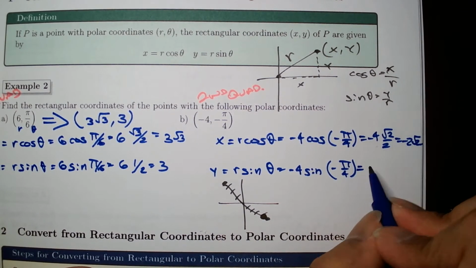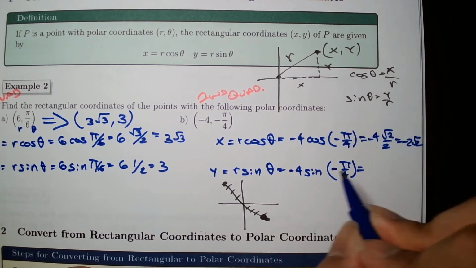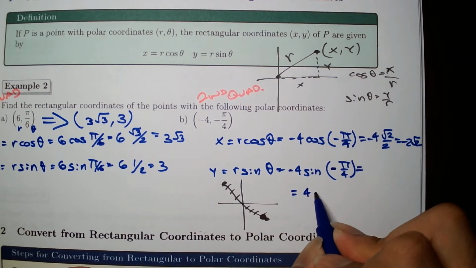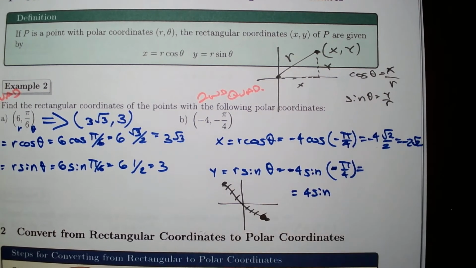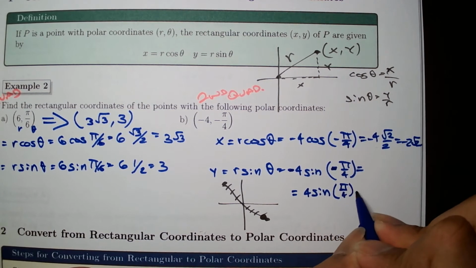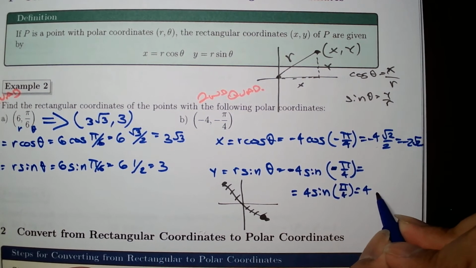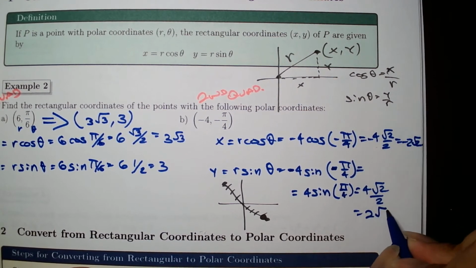And then over here, for the sine of a negative angle, the negative sign goes outside, making this a positive quantity, because negative times the negative that's outside. And in this case, that's 4 root 2 over 2. And that's a 2 root 2.